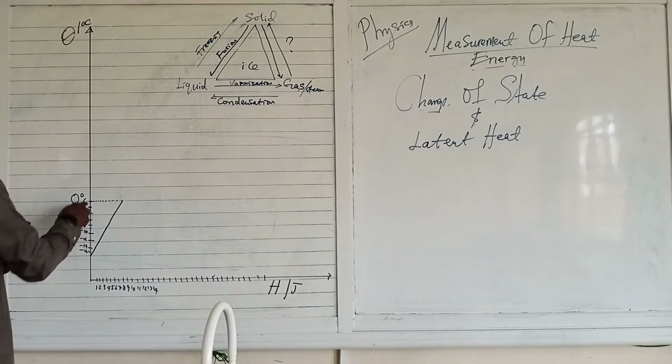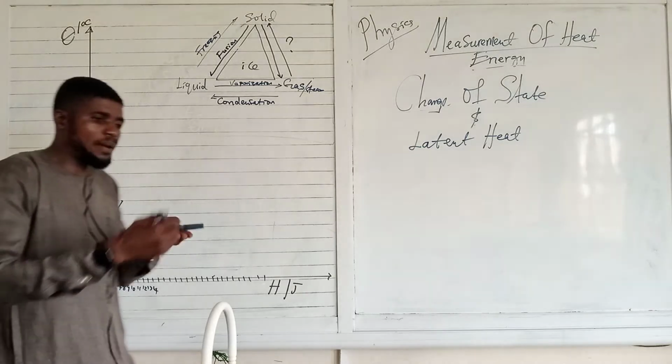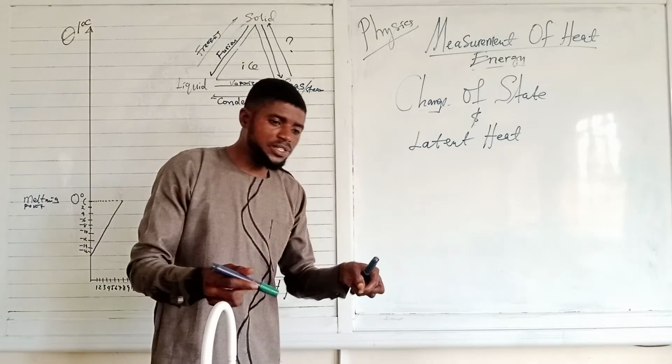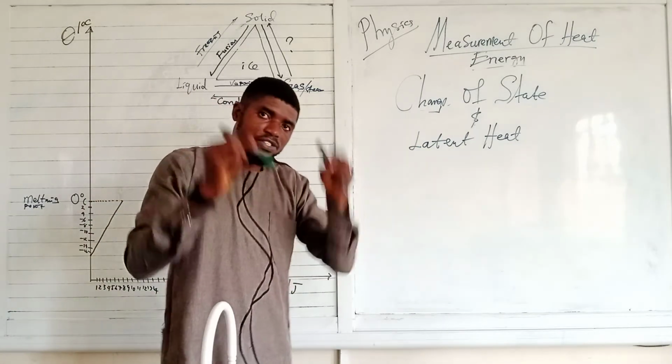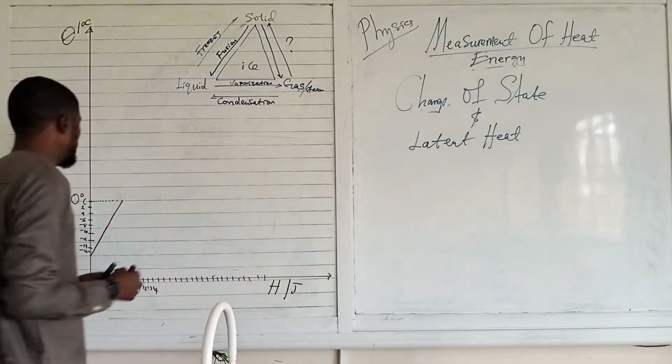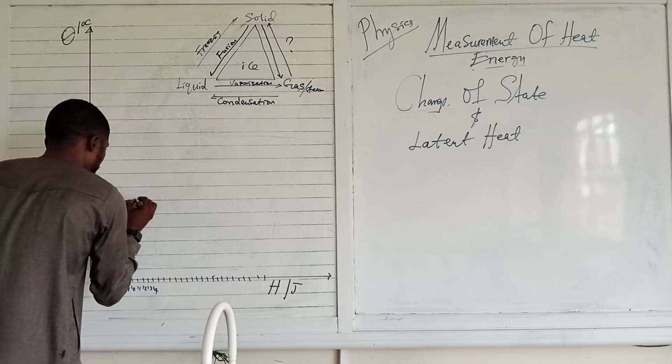This point we call the melting point. Melting what? Melting point. So water melts at 0 degrees and water also freezes at the same what? 0 degrees Celsius.